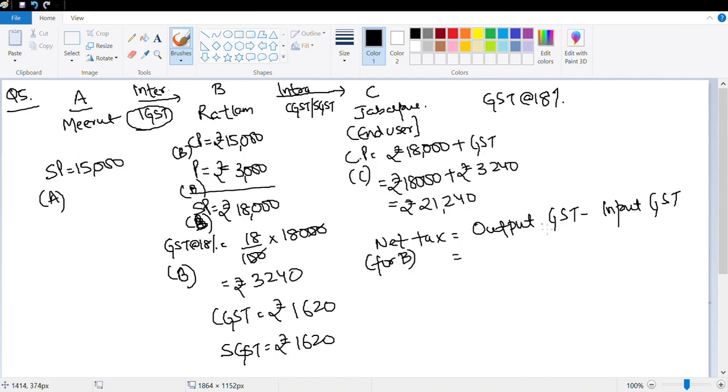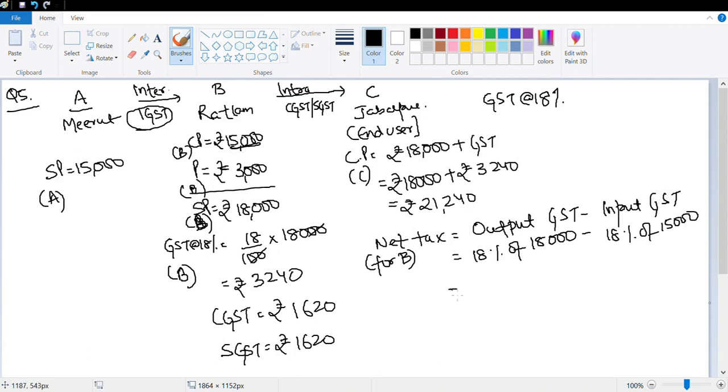Net tax for B: output GST, like I said, is calculated at SP and input GST is calculated at CP. So the net tax is 18% of 18,000 minus 18% of 15,000 because his cost price was 15,000, right?